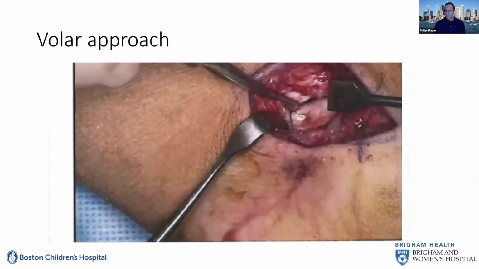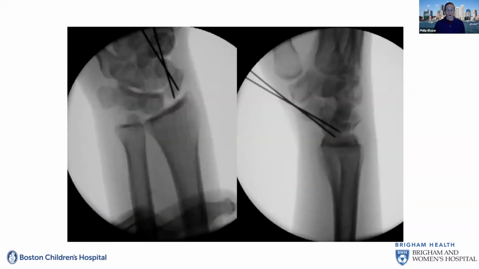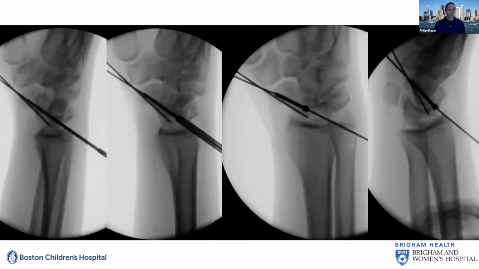And so what was done with this case, so certainly it was addressed with a volar approach here, and there's a freer elevator in the plane of the non-union, which was used to achieve a reduction, provisional fixation, and then a retrograde K-wire down the scaphoid.